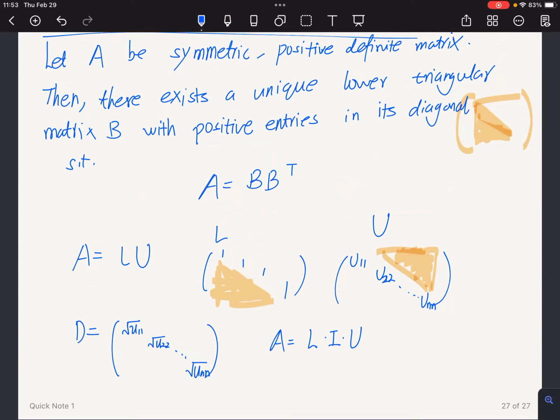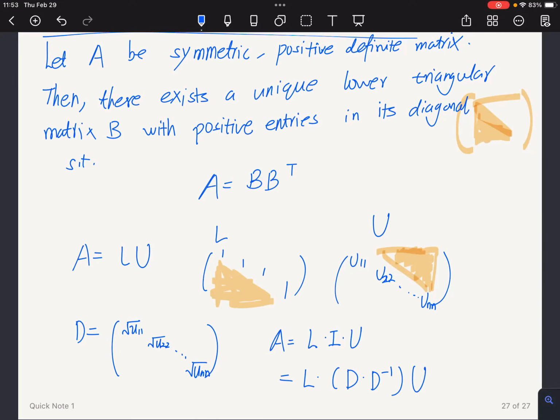So let's see what I'm going to do here. I'm going to factorize the identity matrix this way. I am going to change the identity matrix into D times the D inverse. It doesn't change anything, right? And with what I have posted on the canvas, you know that matrix multiplication is associative, right?